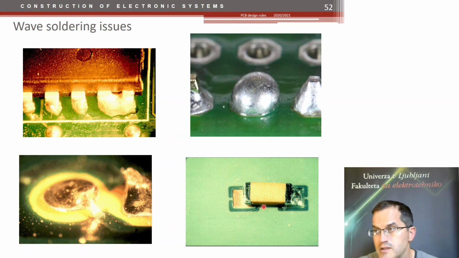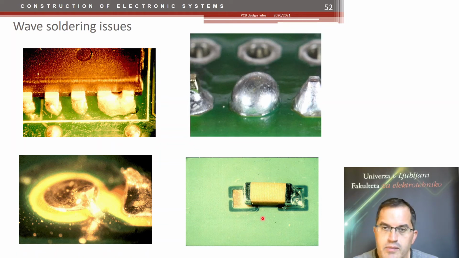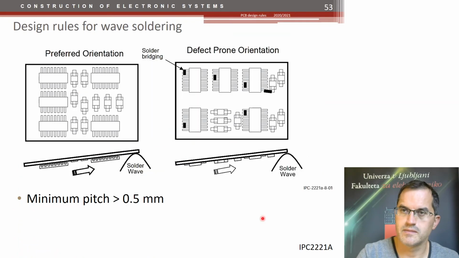Or some of the pads of your components are not soldered. This can happen because of different reasons, but the reason which you can influence in the design is shadowing. I will go through these problems and rules very soon.